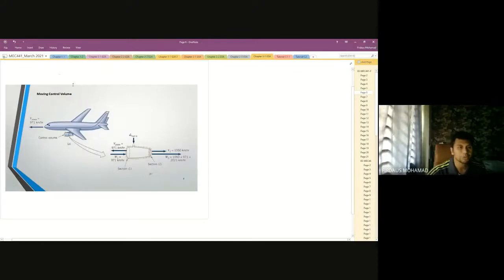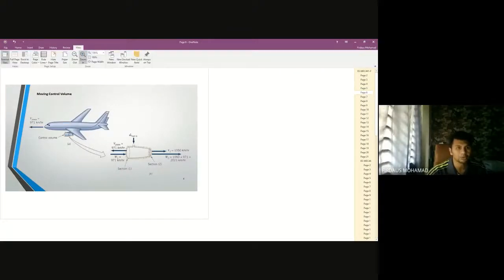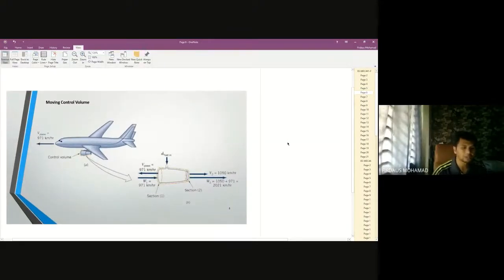And then this is moving control volume. Ada moving control volume. Moving ni maknanya dia bergerak. Control volume dia bergerak with the system. Okay, so for example, this airplane is the system, but we want to analyze only around the engine knuckle. So we can choose this engine knuckle as the control volume.